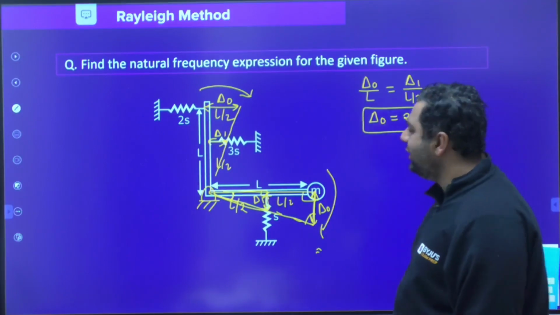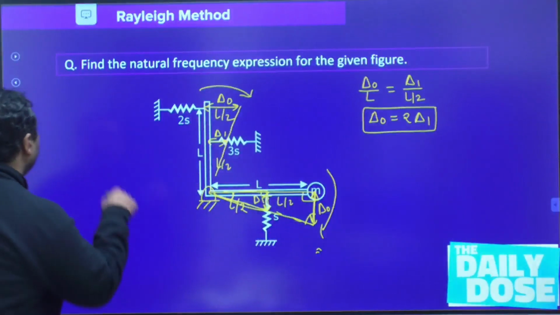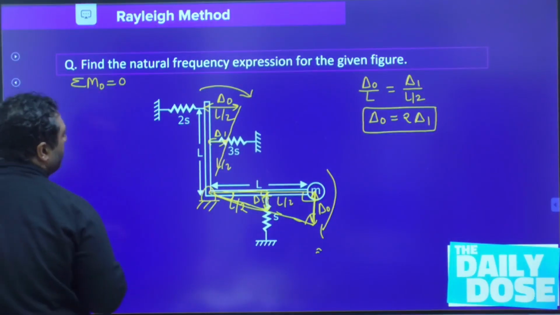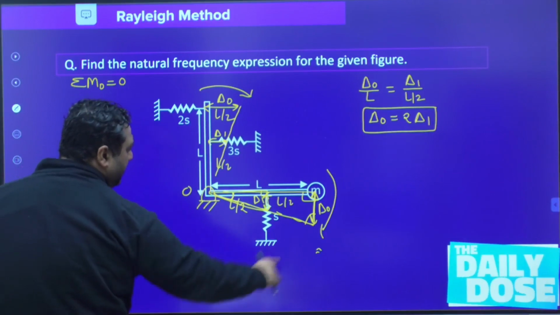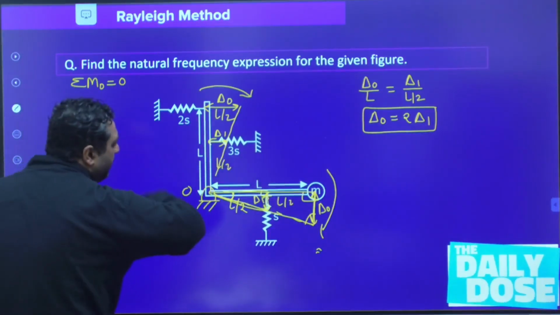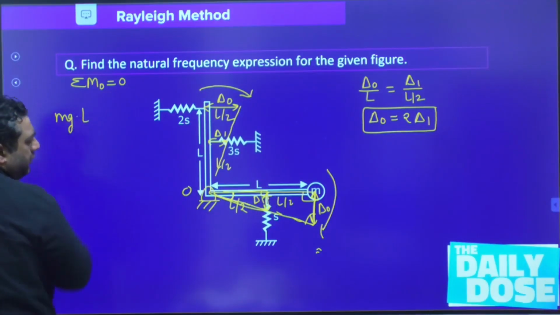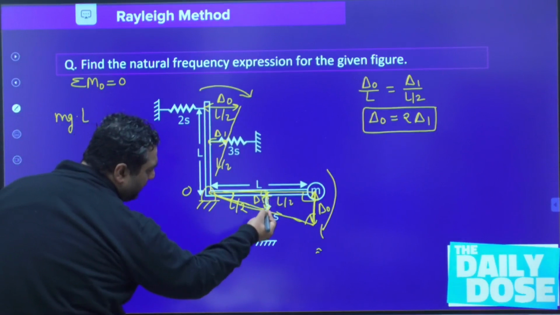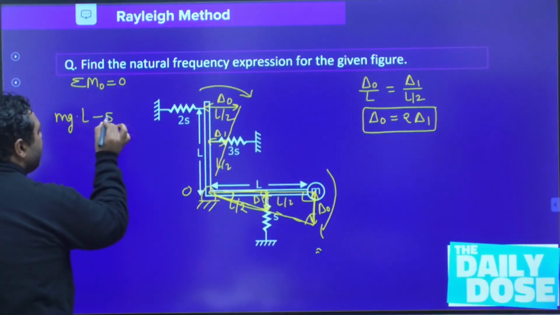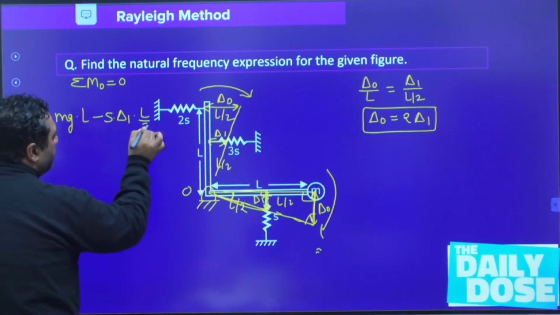Now we are going to take summation of moments about O to be 0. This is the point O. Then mg would create a clockwise moment, so mg into L. Then the spring is compressed by delta 1, so it would create an anti-clockwise moment, so minus S into delta 1 into L by 2.